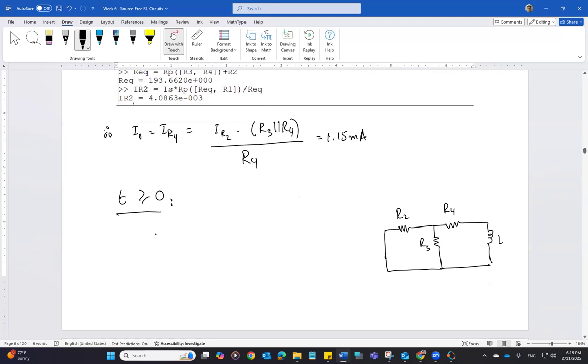Very easy. We have IL. IL(t) will be equal to I naught e to the power negative t over tau. And in this case, tau will simply be R2 parallel to R3 in series with R4.